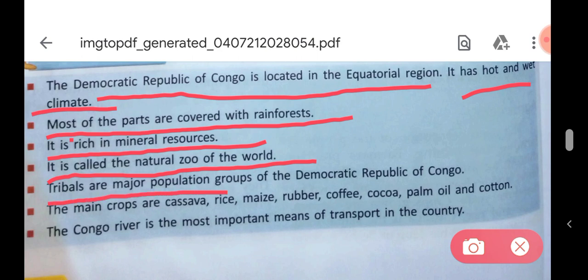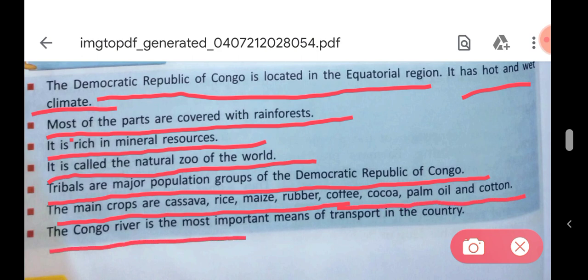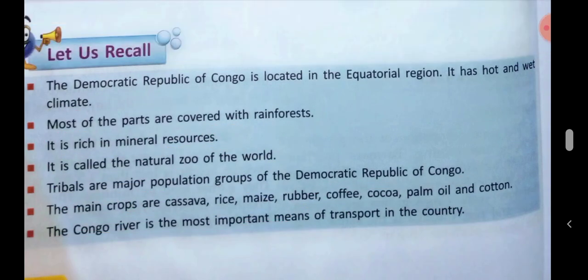Tribal people are the major population group of the Democratic Republic of Congo. The main crops are cassava, rice, maize, rubber, coffee, cocoa, palm oil and cotton. The Congo River is the most important means of transportation in the country. So students, I hope now you understand the lesson clearly.